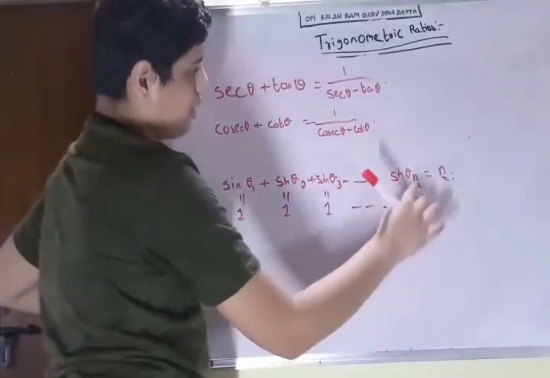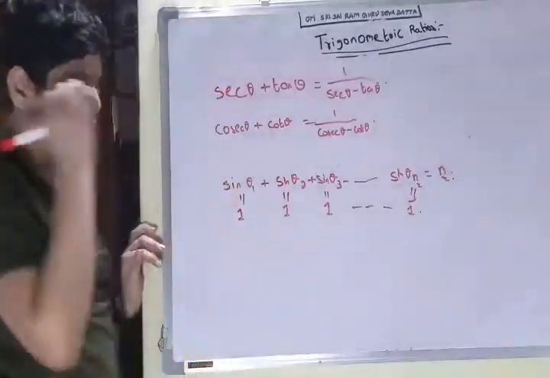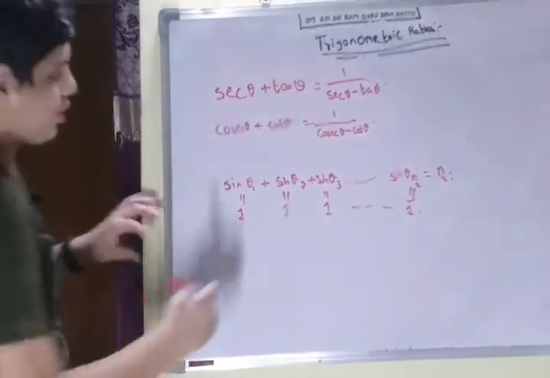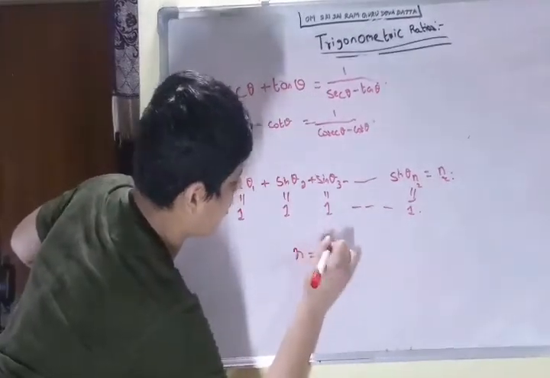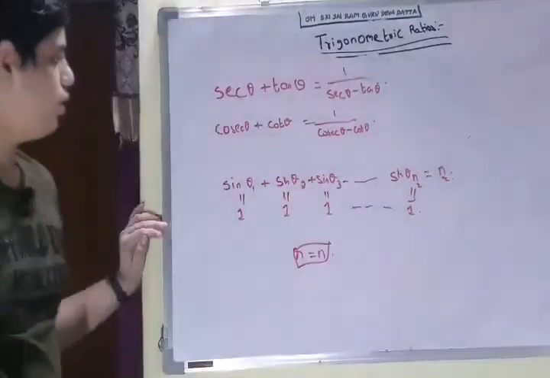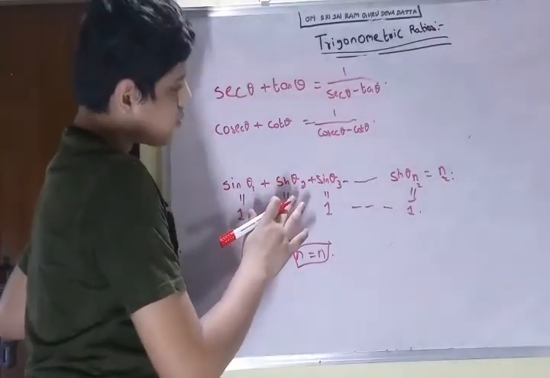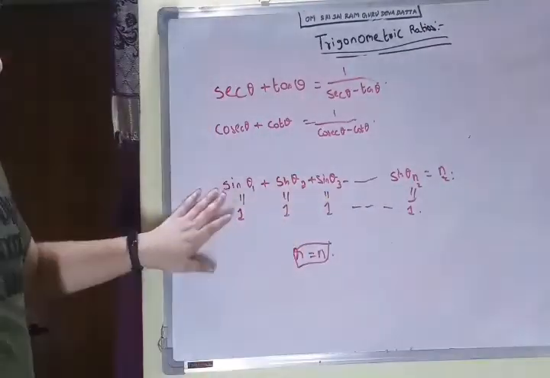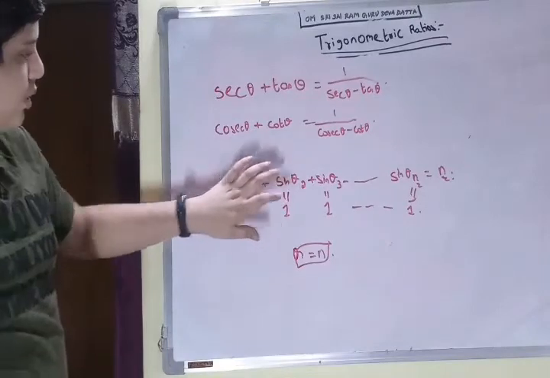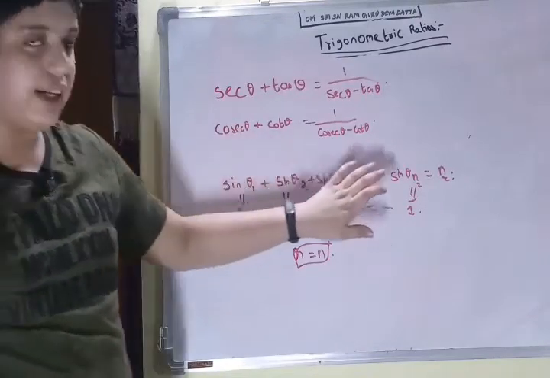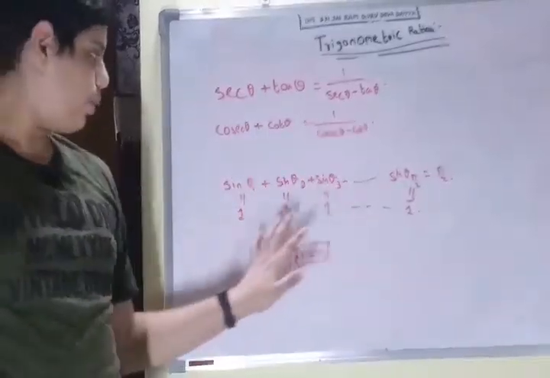So if we add all these, n times 1, that is n, is equal to n. So if this is given as a condition, then sin theta 1 equal to sin theta 2 equal to sin theta 3 equal to so on up to equal to 1.